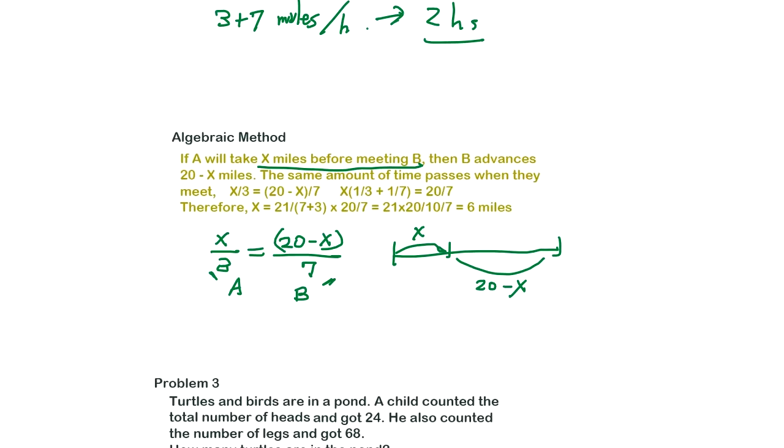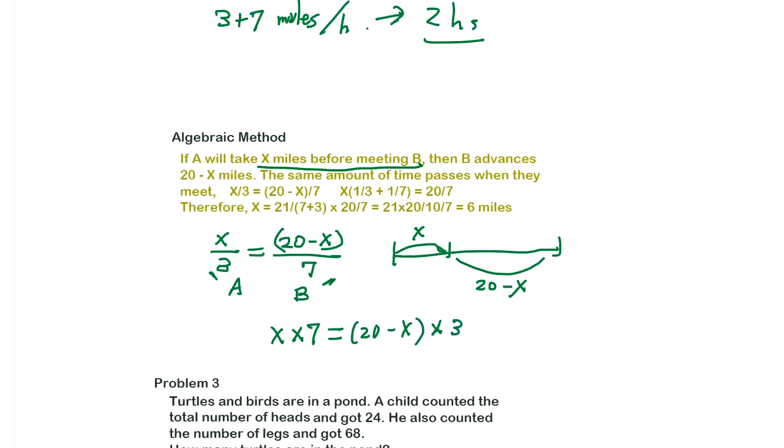Okay. Then what you do here, remember divide becomes multiply on this side. So 7 divide becomes multiply, and 20 minus x becomes multiply.